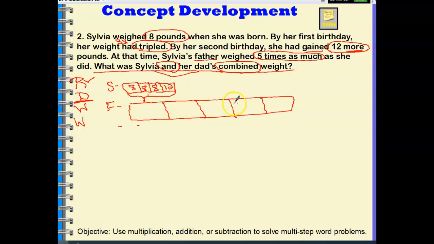Okay, so I've put that 5 times. So this is 5 times what Sylvia weighed. All right, but now my question that I'm actually looking for the answer for is, what was their combined weight? So this is my unknown. This is what I'm looking to solve to complete this problem.